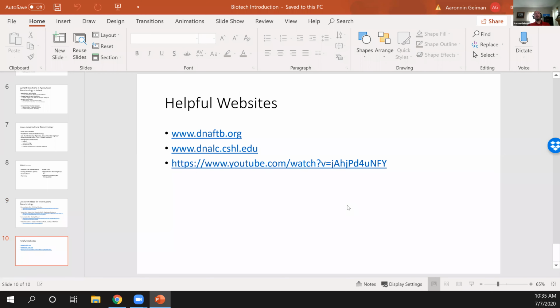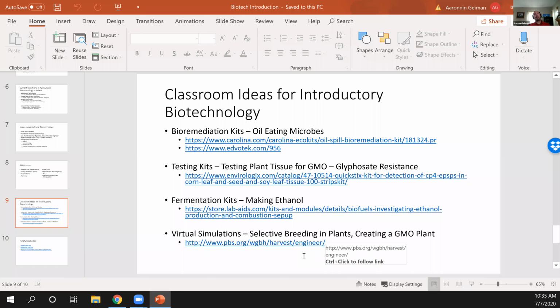Also, there's a selective breeding simulation on this website. This is a PBS simulation that goes into selective breeding, as well as creating a GMO plant. The GMO plant part is a bit more technical. I'll talk a little more about that during the noon session. This allows students to use a Flash-enabled device to learn how plant breeders make plants.